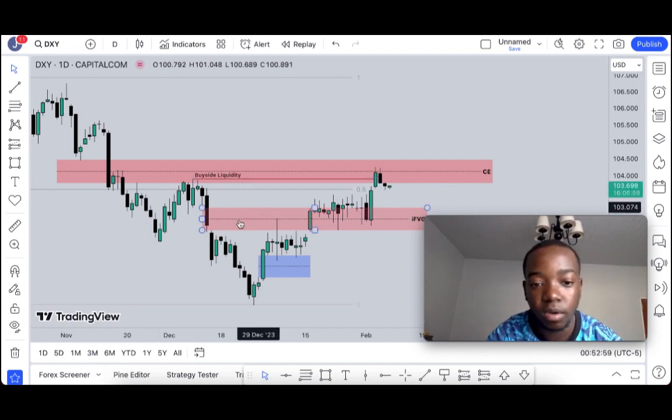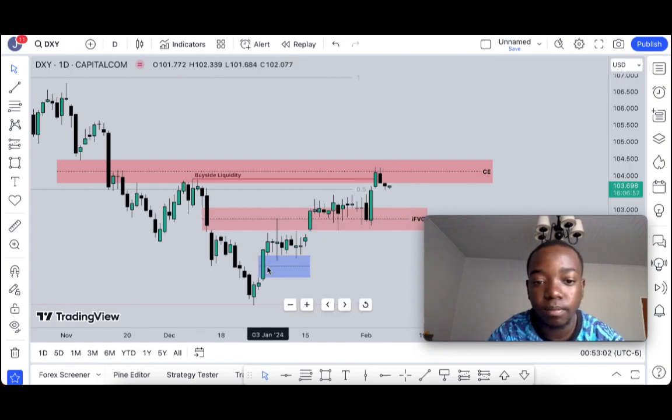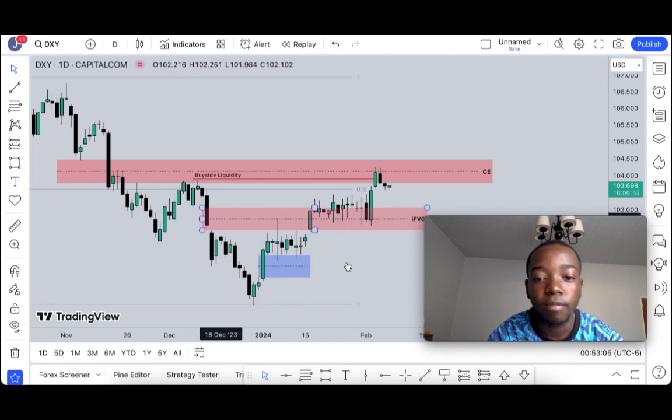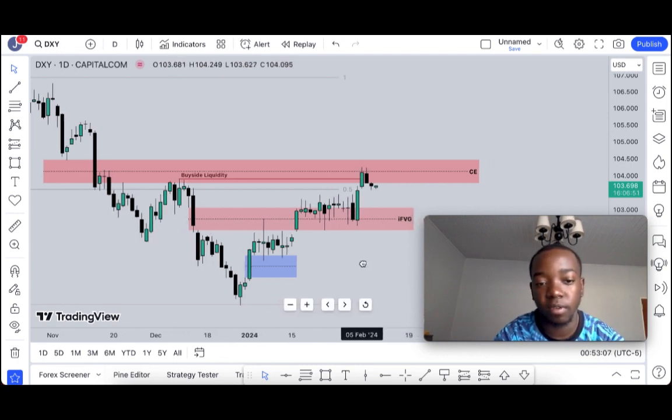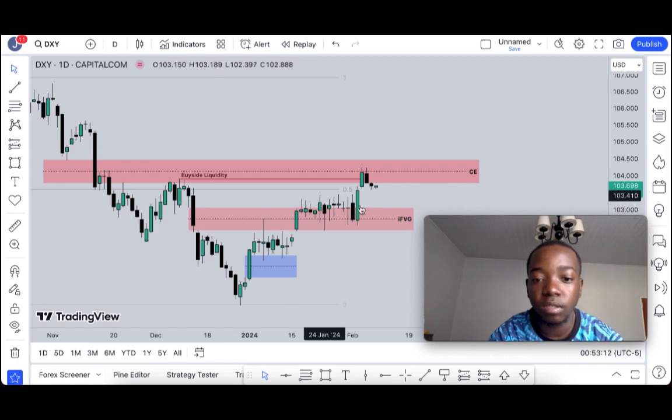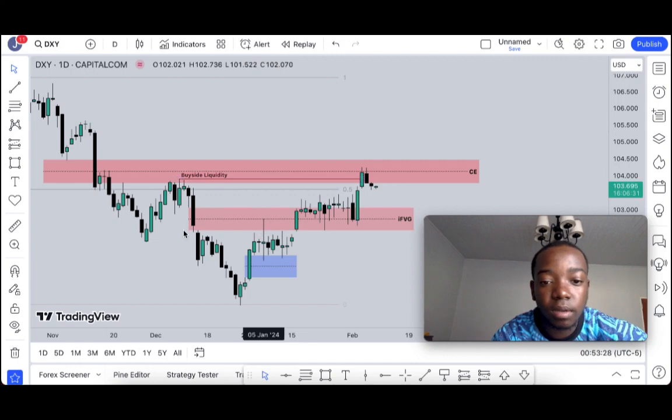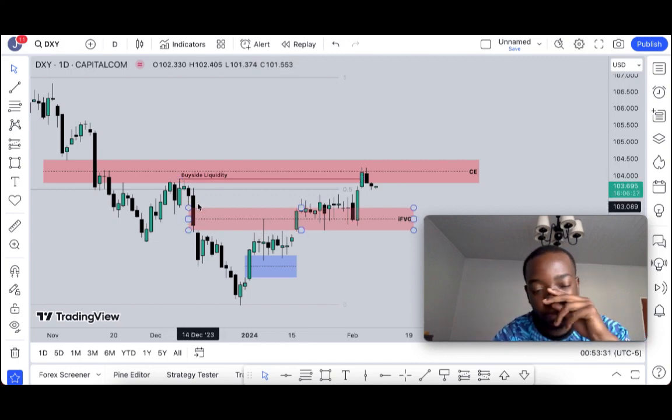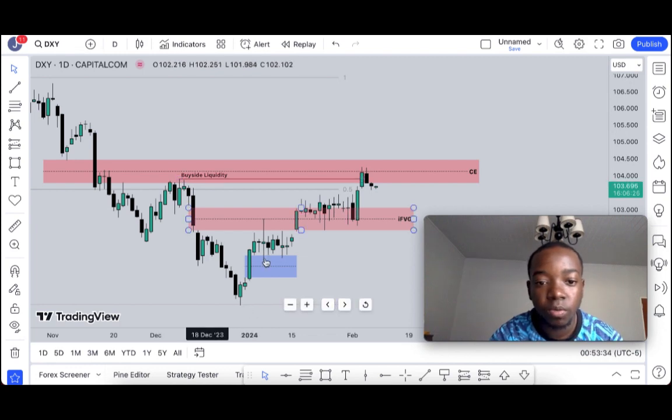You can just see how we worked up in this imbalance and came into this fair value gap, which I called to be an inversion fair value gap, and you can see how we worked around that. We sort of consolidated, we accumulated. So you can see how we worked up into this fair value gap, which was in premium considering this high to this low.